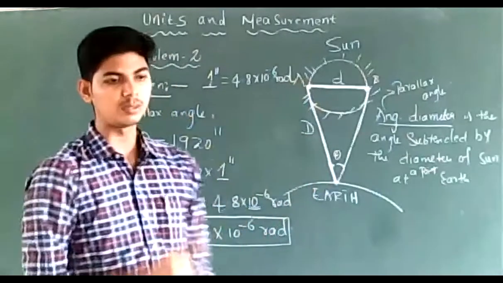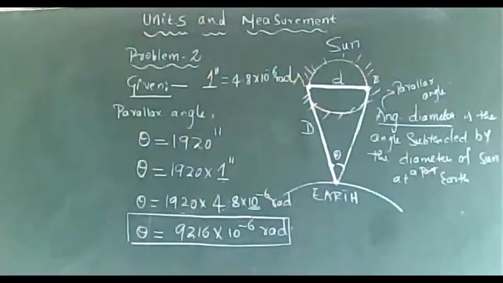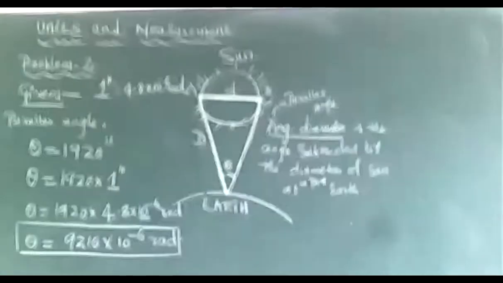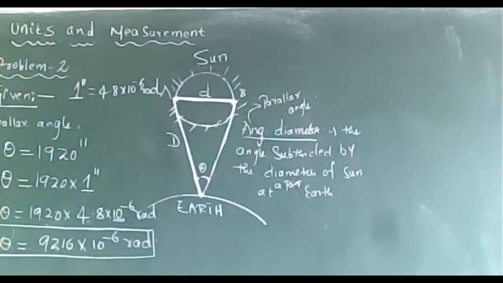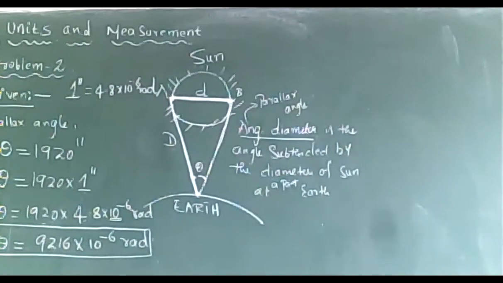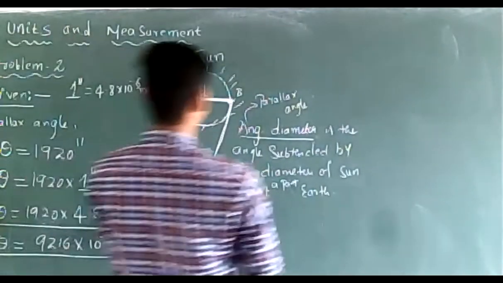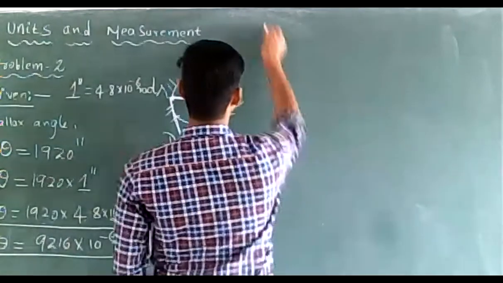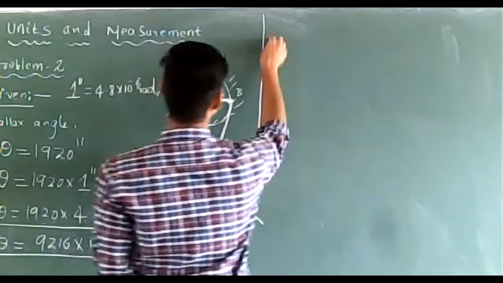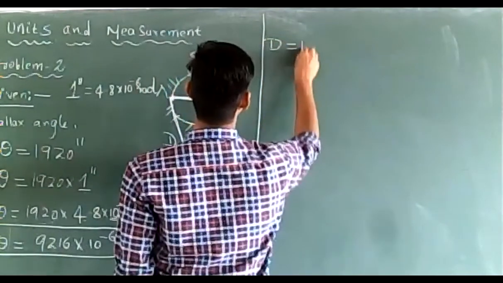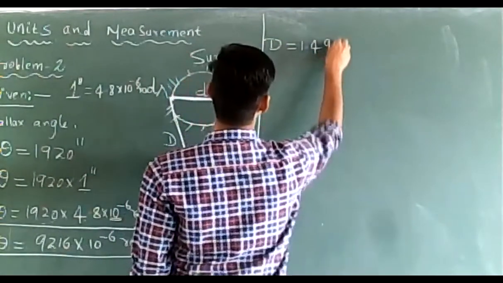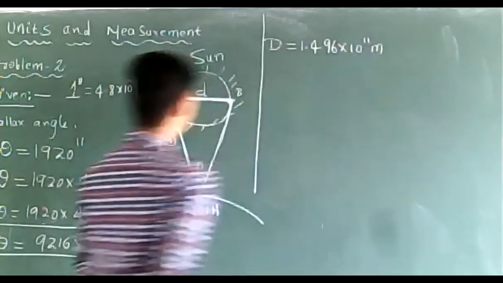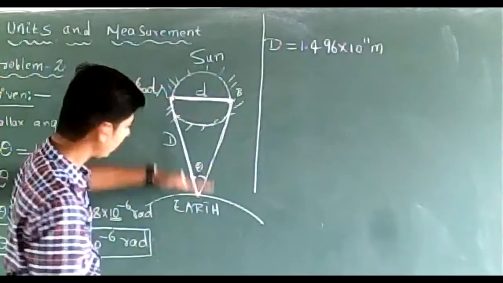They have given us how much distance there is between sun and earth. The distance between sun and the earth is given as 1.496 into 10 to the power of 11 meters.